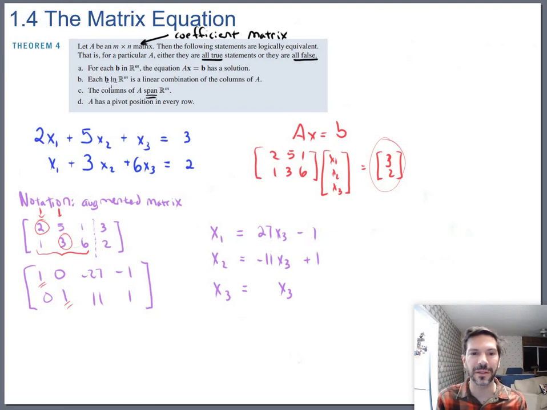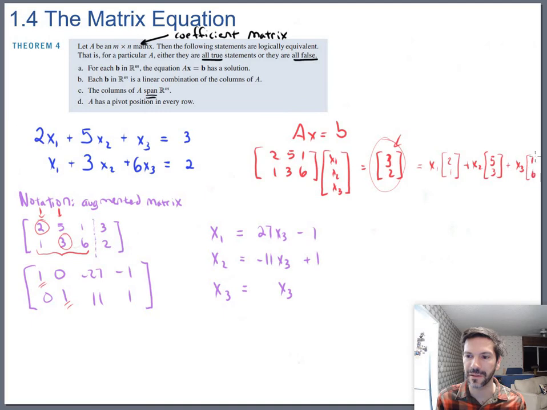That each possible B right here is a linear combination of the columns of A. And again, keep in mind what linear combination means. It means that you could write this as some multiple of the first column plus some multiple of the second column plus some multiple of the third column.